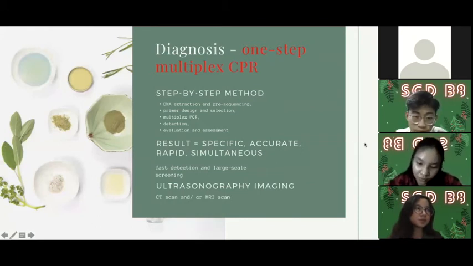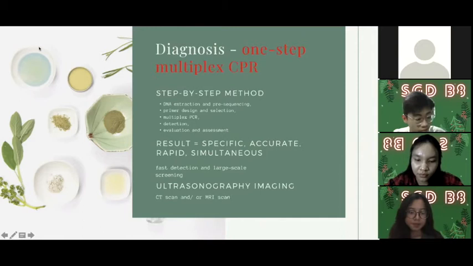I will explain the diagnosis of Echinococcus species. The first one is the one-step multiplex PCR that is very specific to identify this Echinococcus. The step-by-step method are first, sample collection, DNA extraction, pre-sequencing, primer design and selection, multiplex PCR, detection capability of single and mixed infection, evaluation of specificity, and assessment of sensitivity.